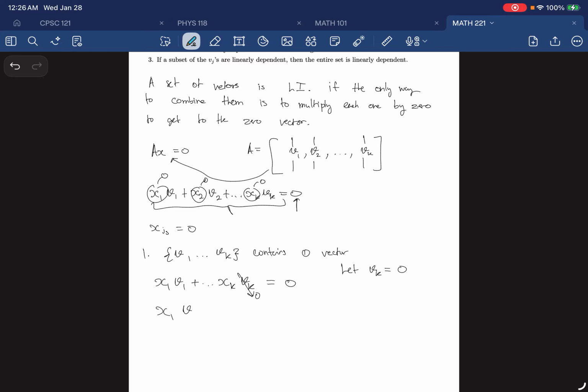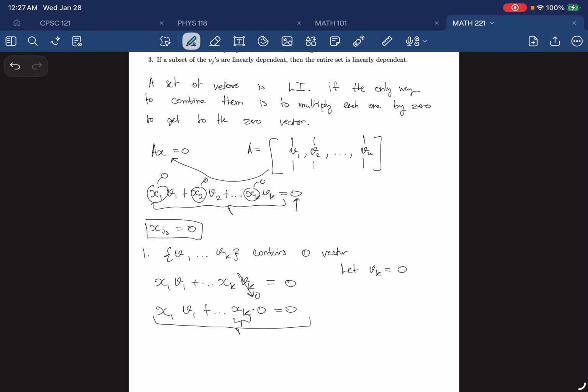So you get x1 v1 plus ... xk times 0 equals 0. Now we can see that any value of xk would work for this equation to be true. xk can be anything; it doesn't have to be 0. But by the definition of linear independence, all of the xj's must be 0 for linear independence to be reached in the set.